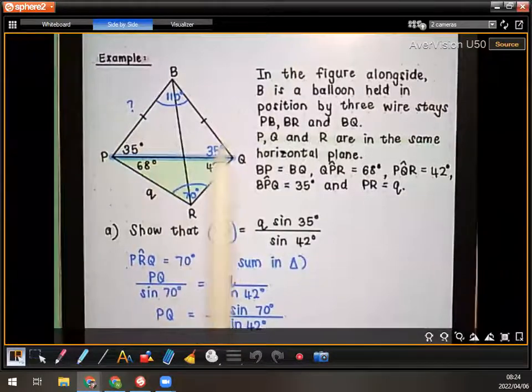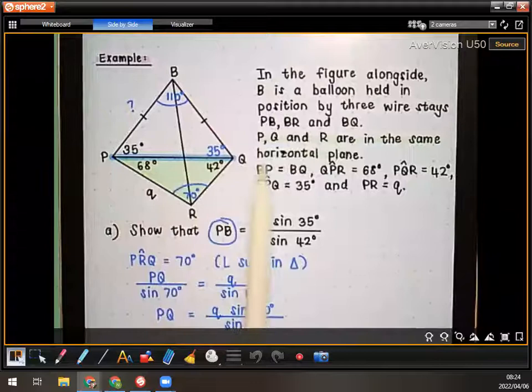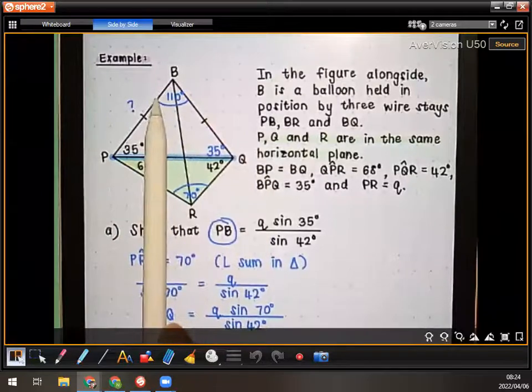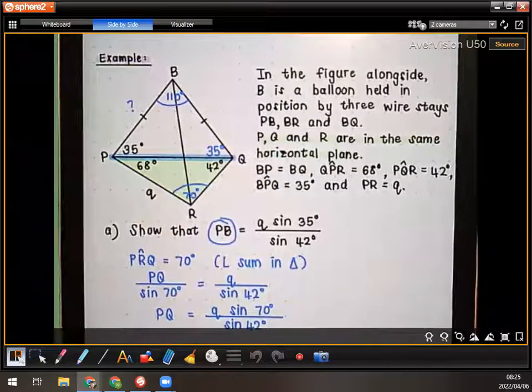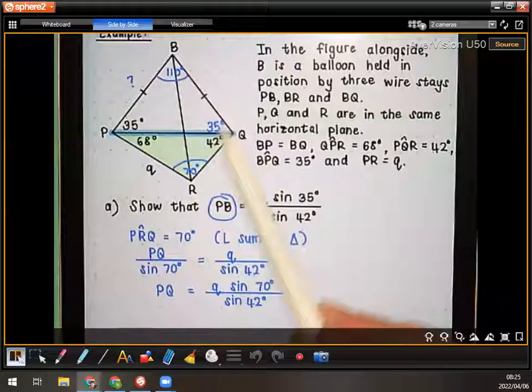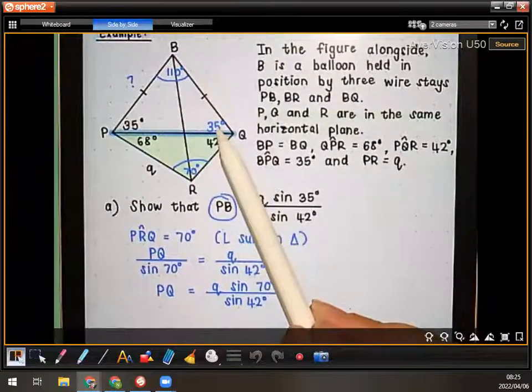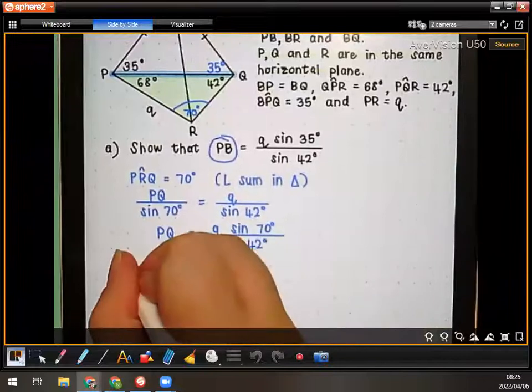So PB over sine 35 is equal to this expression, right? PQ over sine 110. Okay, which we also calculated, so we need to work that out. Okay, and that will then get us to the answer. So let's quickly just write down those angles. PQB is 35 and PBQ is 110. We need to just write that down.